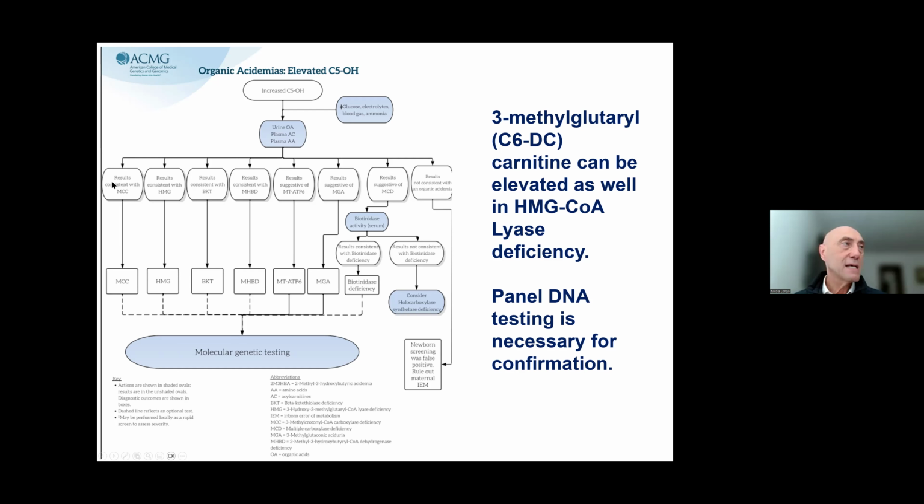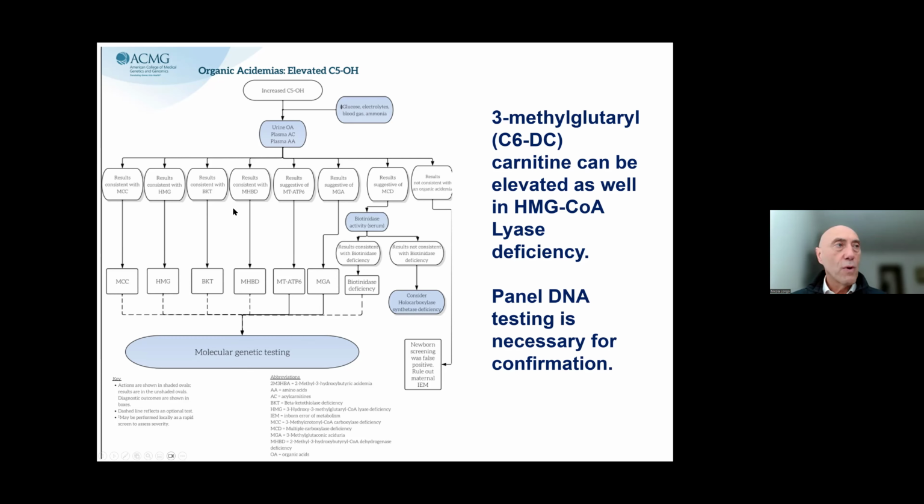There are many different conditions that can cause elevated C5OH carnitine, and every year we add a few new ones. But you can see that methylglutaryl-CoA lyase deficiency is one of them. Again, in general, it can be accompanied by elevation of C6-DC carnitine, but we have seen all possibilities. We have seen patients who have elevated only the C6-DC, patients who have elevated only the C5OH, patients who have elevated both, and patients who have elevated none of the above. Obviously, you need to be very watchful for this type of condition.